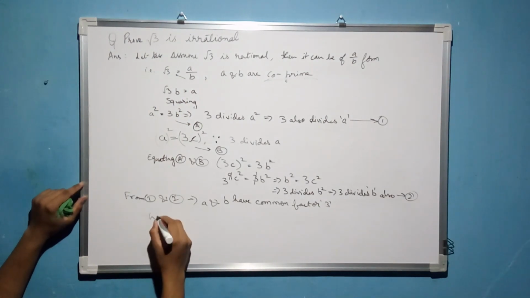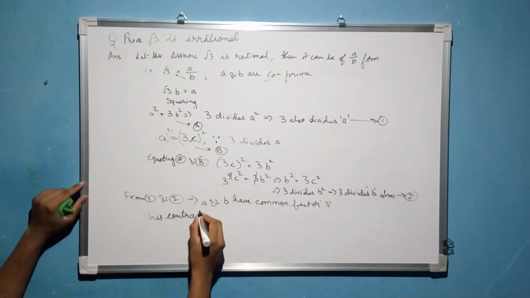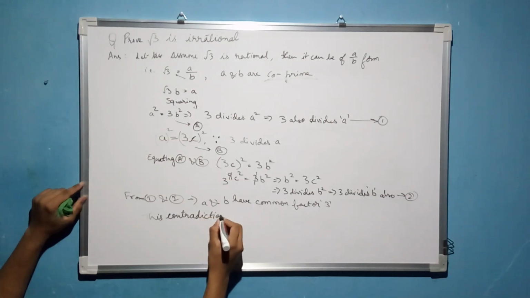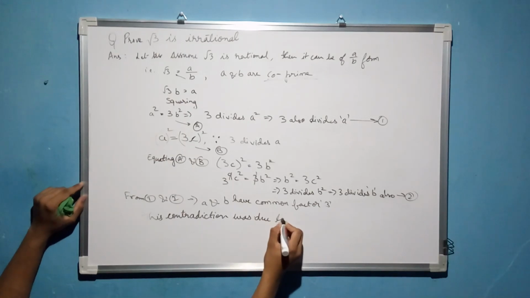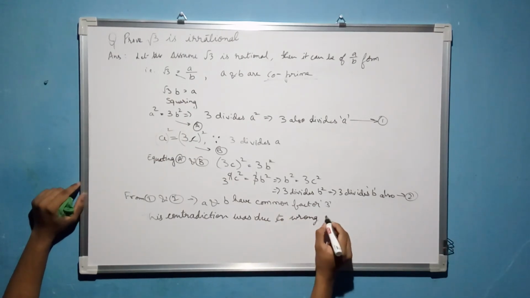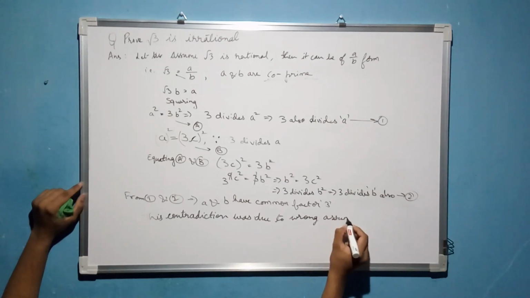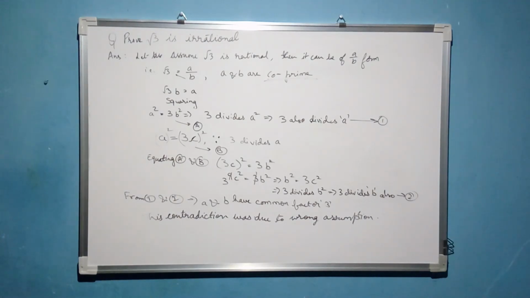This is a contradiction, and the contradiction was due to the wrong assumption, because our assumption was that root 3 was rational. But the contradiction that comes at the end proves it to be irrational.